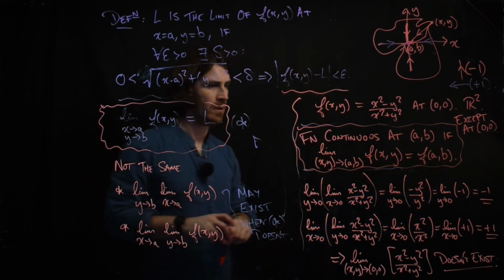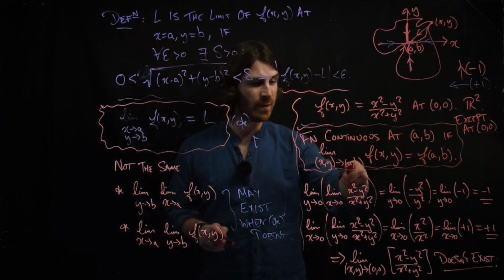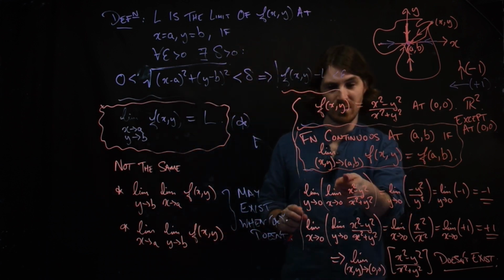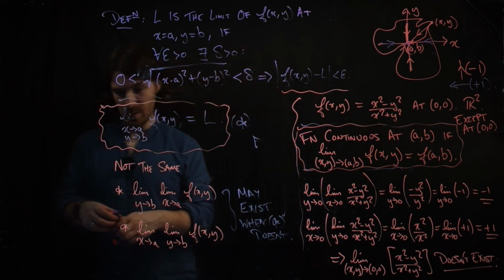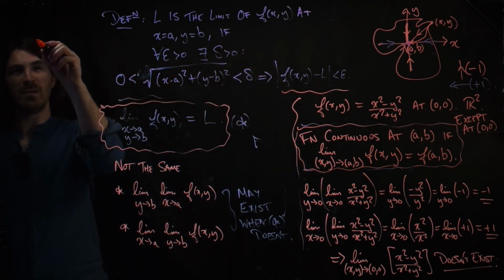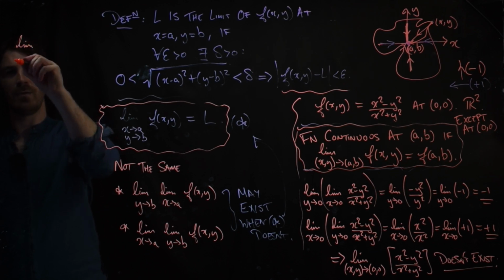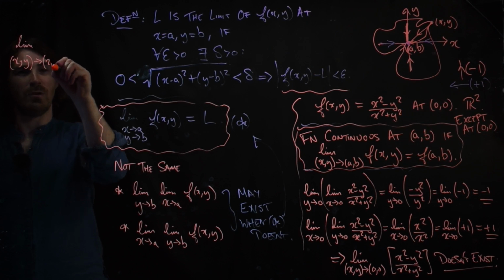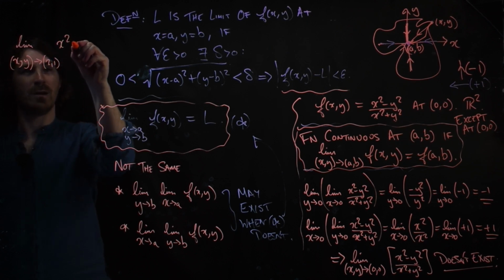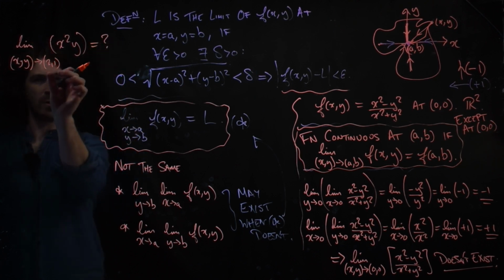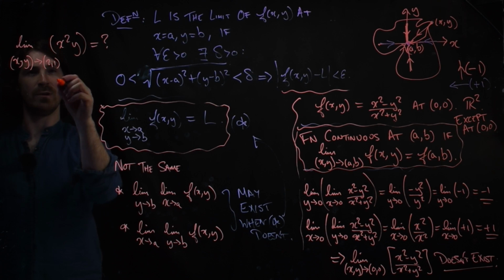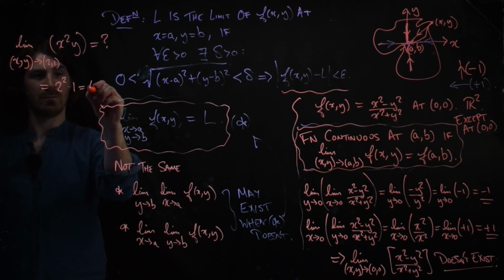And if the function is continuous, then to find the limit you can just plug in the values a, b. So maybe, what's the limit of x, y goes to 2, 1 of x squared times y? Well, you just plug in x equals 2, y equals 1. It's 2 squared times 1, which is 4.